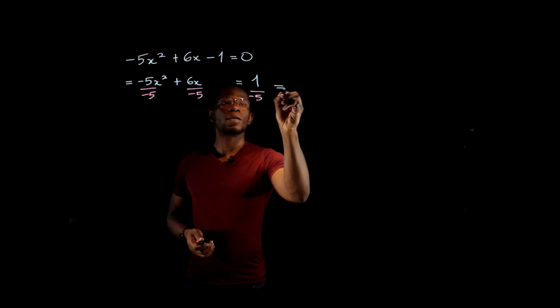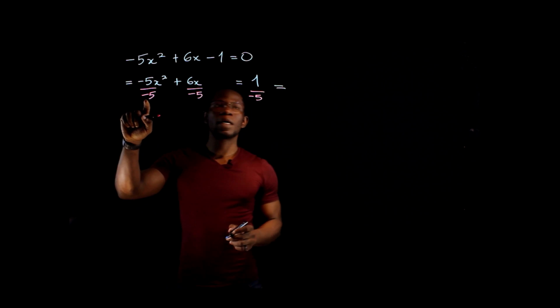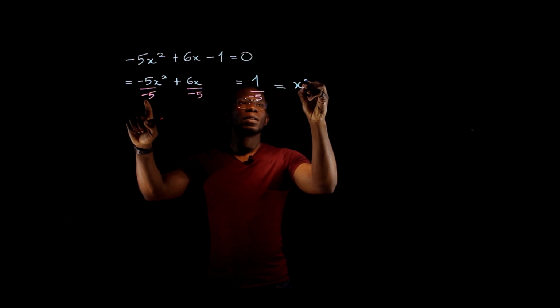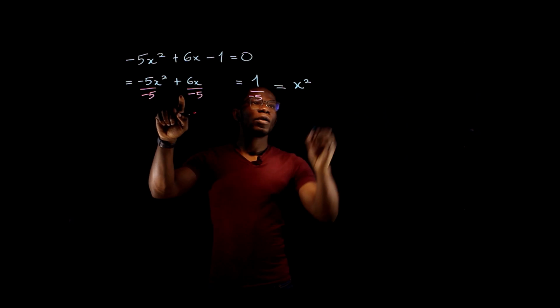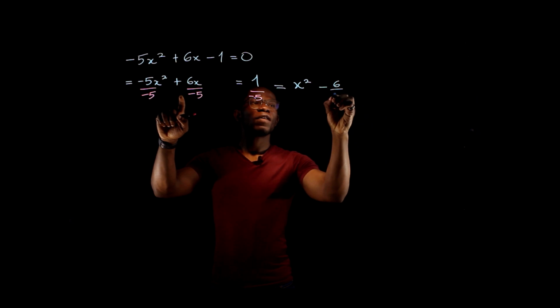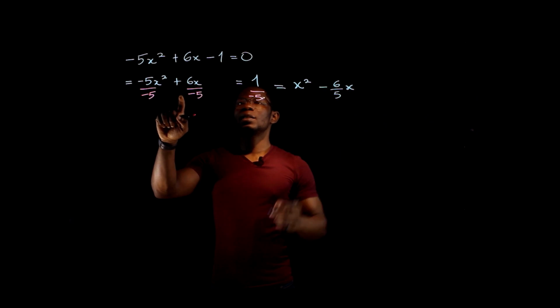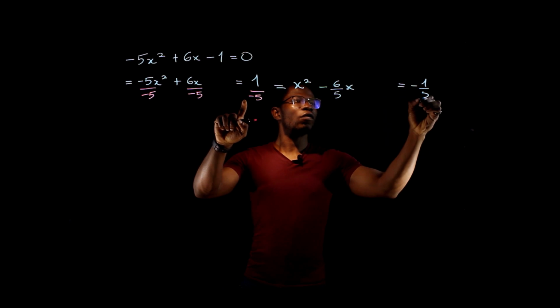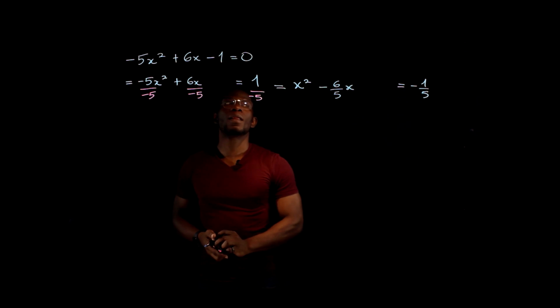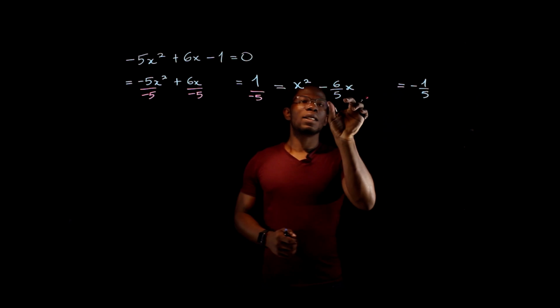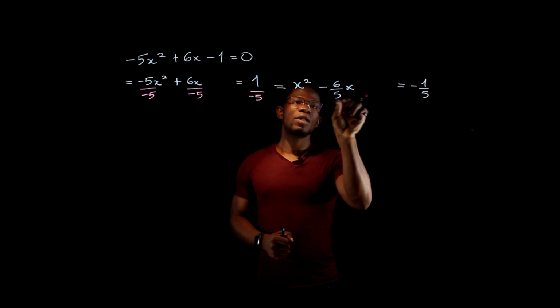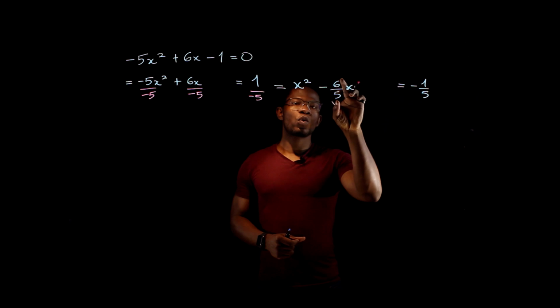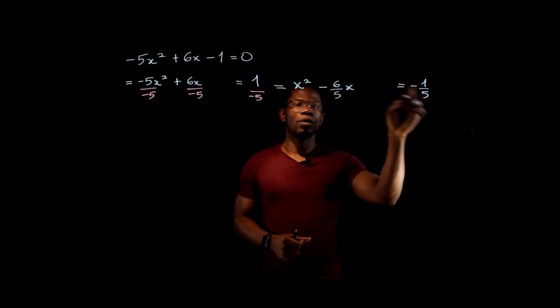So our equation becomes: minus 5 cancels minus 5 here to leave us with x squared. This becomes minus 6 over 5x, and this becomes minus 1 over 5. So the next thing is to divide our middle term here by 2, square that, and add that to both sides of our equation.